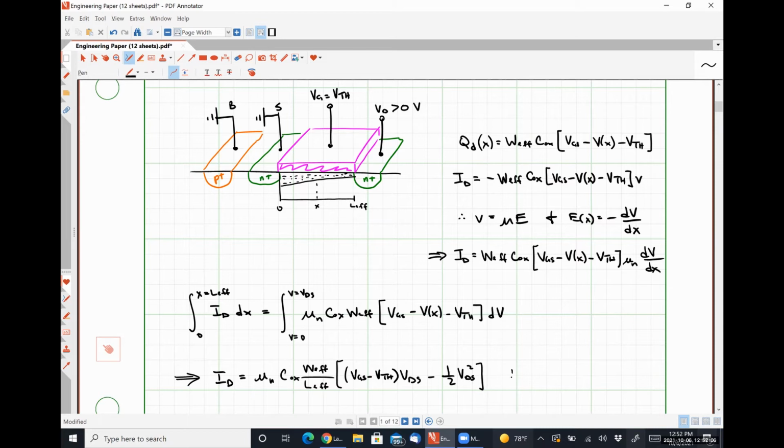And this is valid only for VDS less than VGS minus VTH.